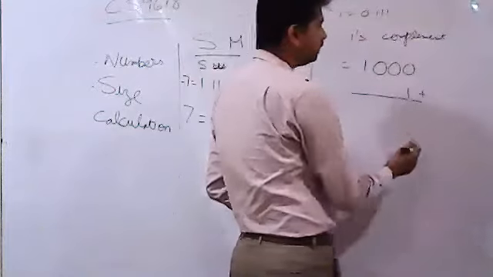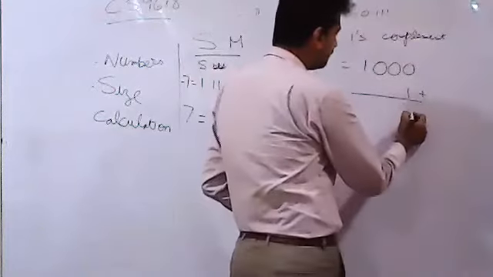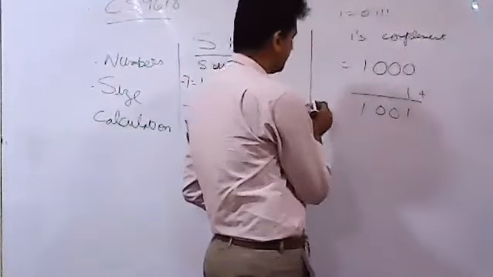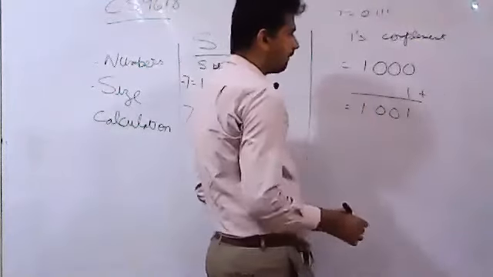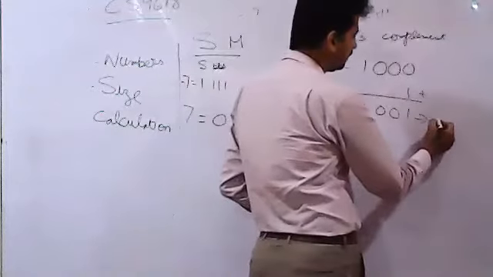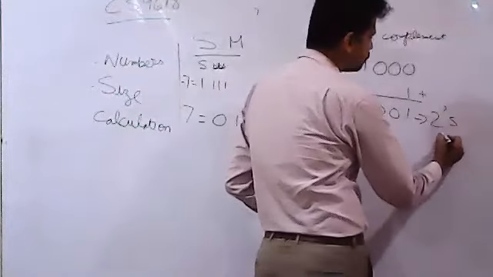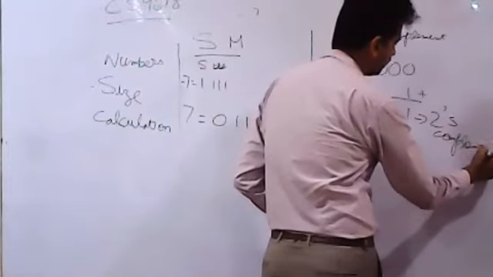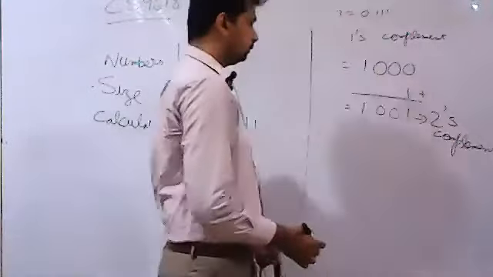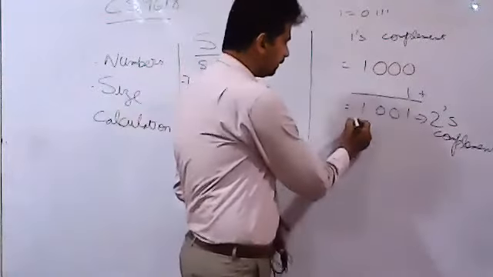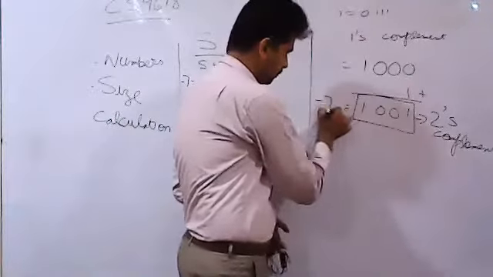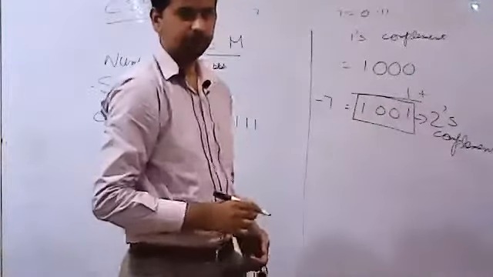When you add 1 to the 1's complement, it becomes 2's complement. Now this value is the 2's complement, and this value is what I'm going to store as -7.